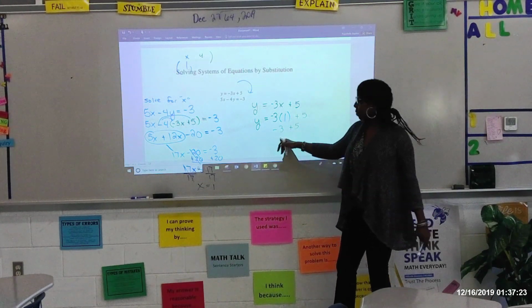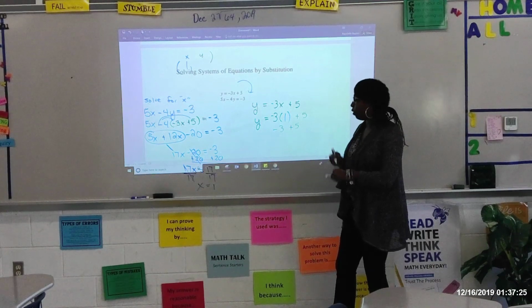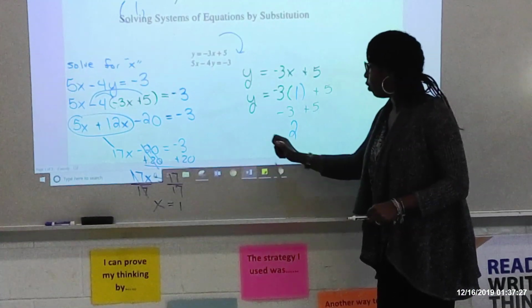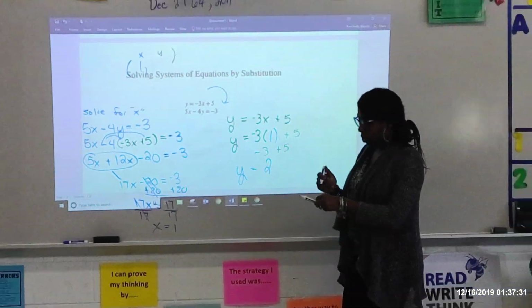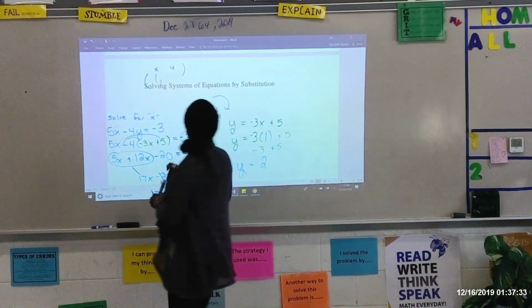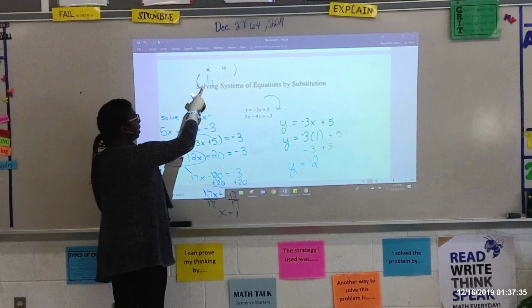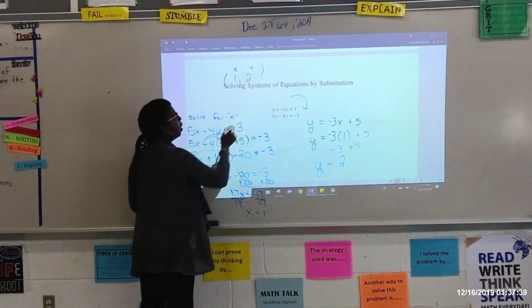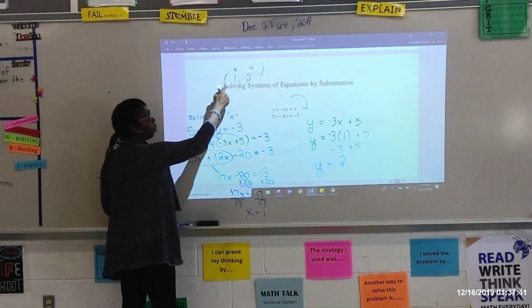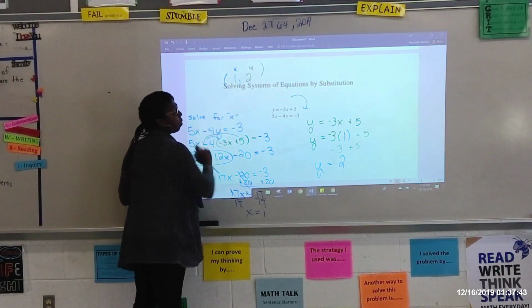If you owe somebody $3 and you give them $5, you would expect back $2. So y is equal to 2. So now I'm going to put together the two numbers. My x is equal to 1 and my y is equal to 2. So the solution is (1, 2) on a coordinate plane.